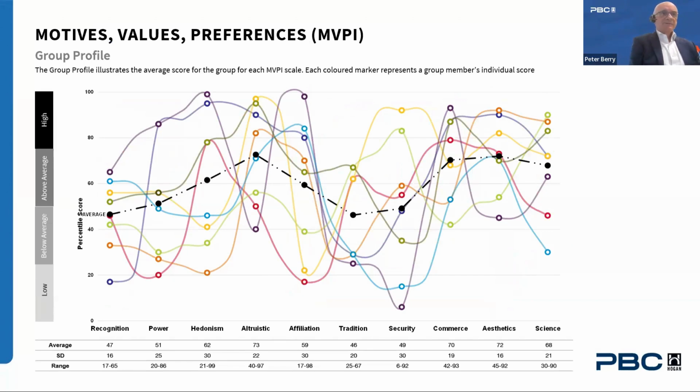So a not-for-profit, you'd be recommending altruism should be significant. A bunch of engineers or IT, it would be science. A creative sort of business, architecture, aesthetics. So I think the blue one, you check for cultural fit. Is the person going to fit in?